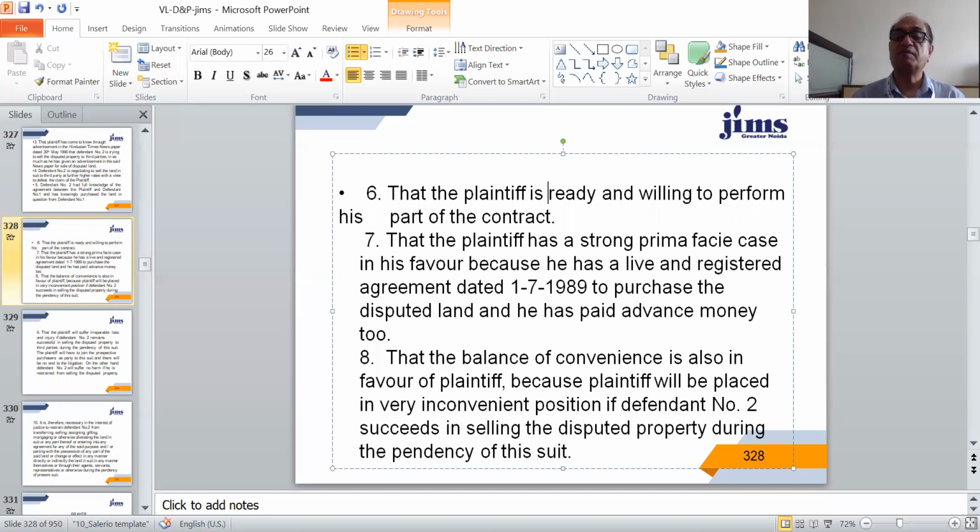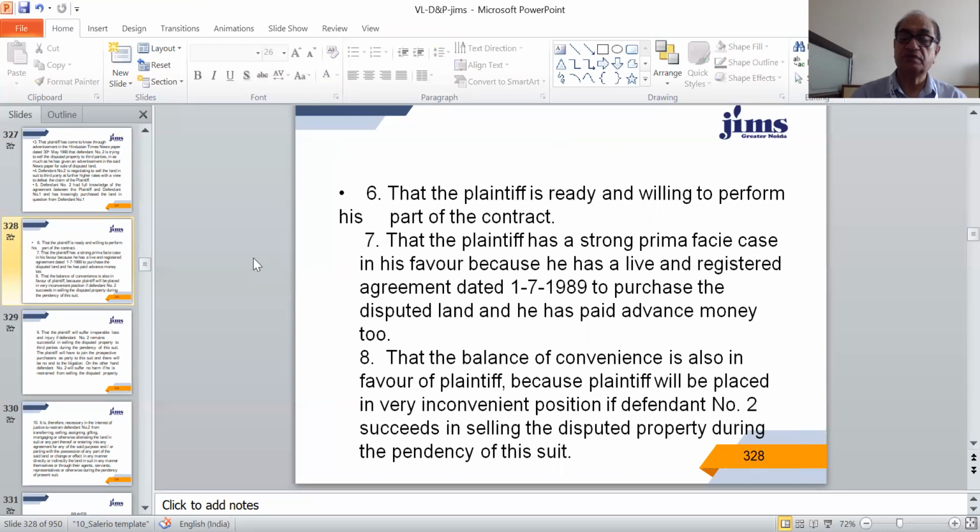Para 8, talking about balance of convenience, that the balance of convenience is also in favor of plaintiff because plaintiff will be placed in a very inconvenient position if defendant number 2 succeeds in selling the disputed property during the pendency of this suit.